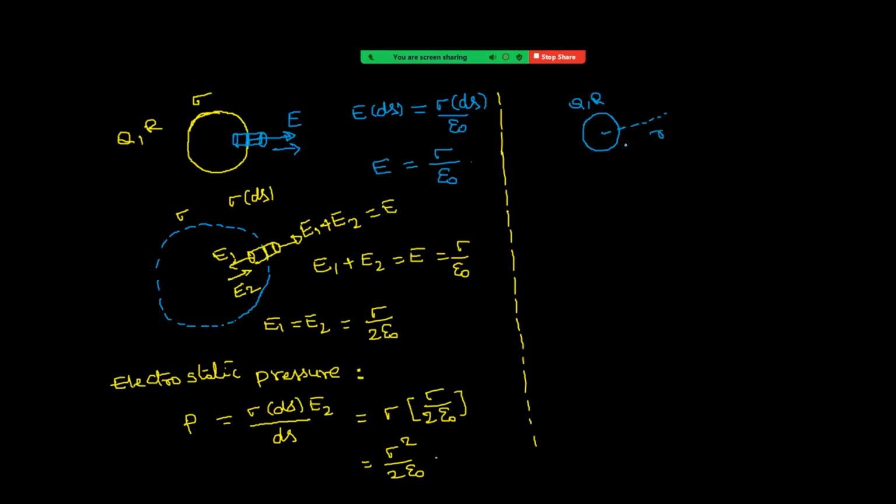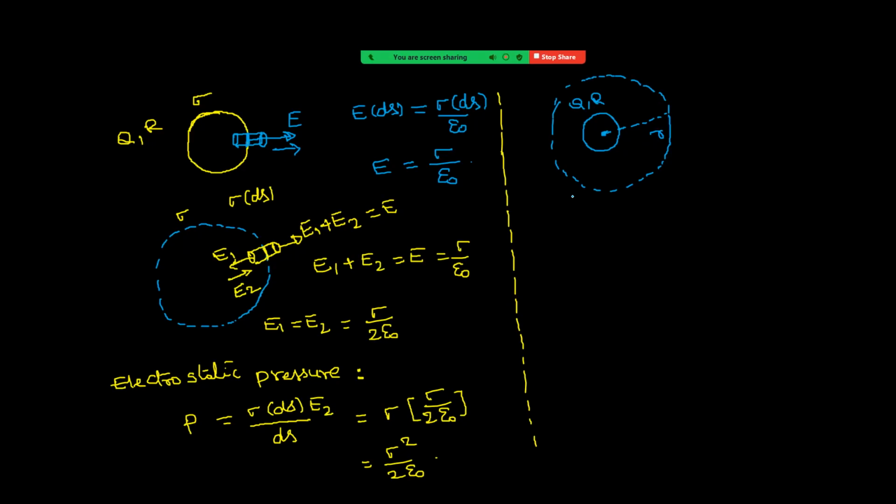Now we have to imagine one sphere of radius small r, by taking the center of that shell as the center of that sphere. I am repeating: imagine, taking this distance r as radius, one sphere.